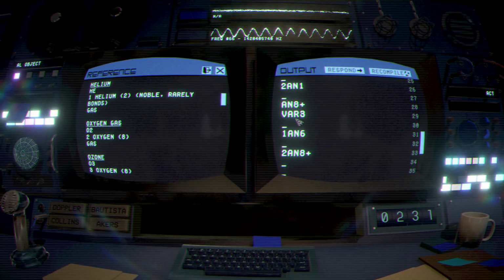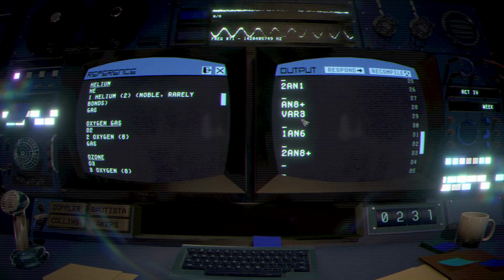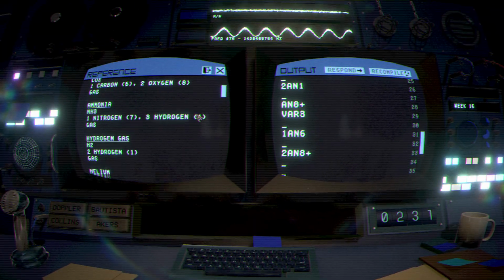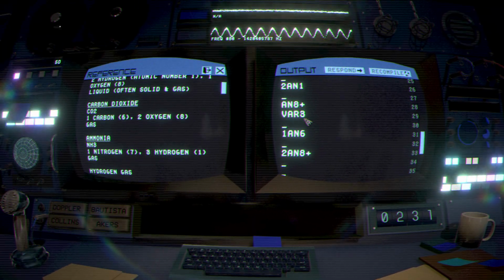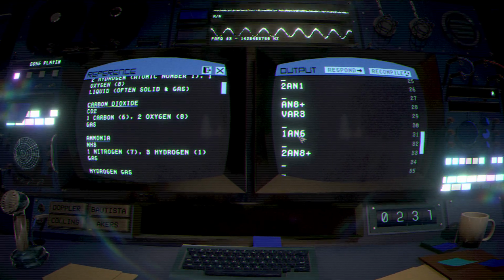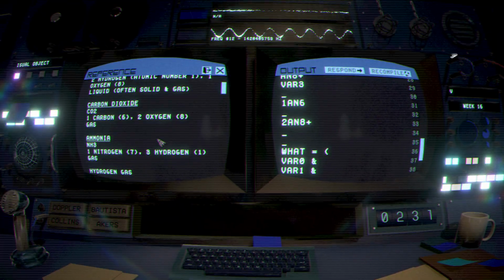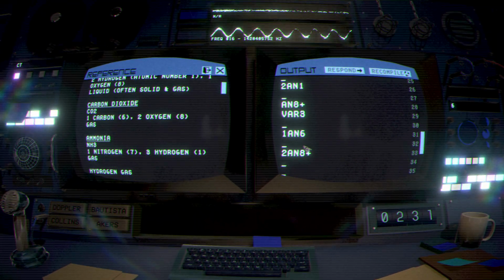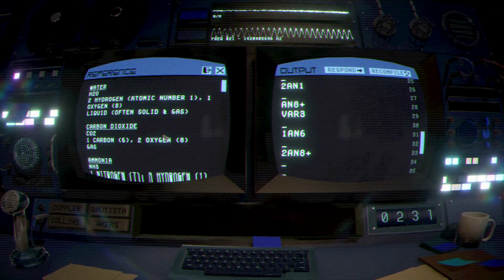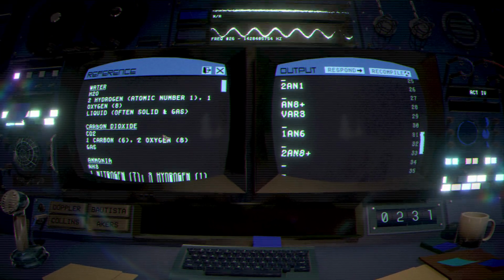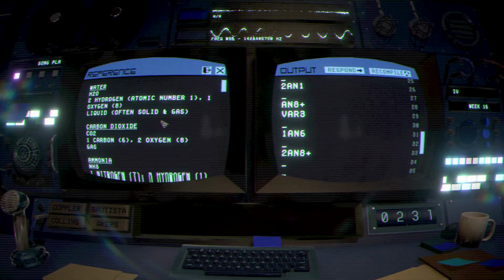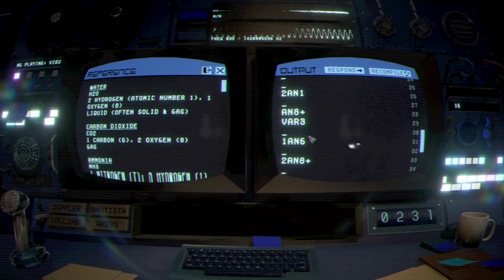Oxygen plus whatever this is. 6. Then one carbon plus two oxygen. So carbon.